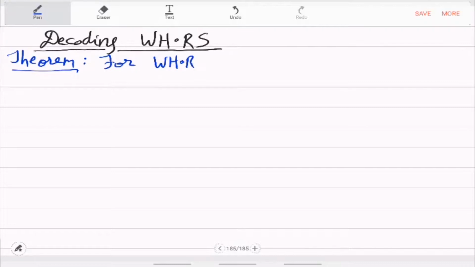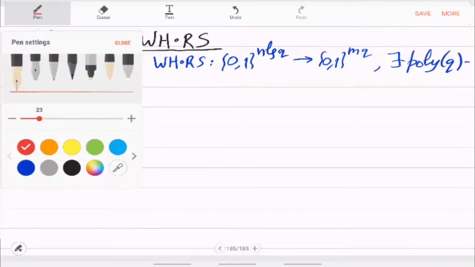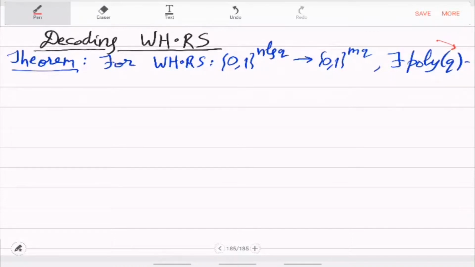For the Walsh-Hadamard Reed-Solomon code, which is basically this map from n log q to mq bits, there exists a polynomial in q time decoder. Here q is the size of the field, which is an upper bound on both n and m.